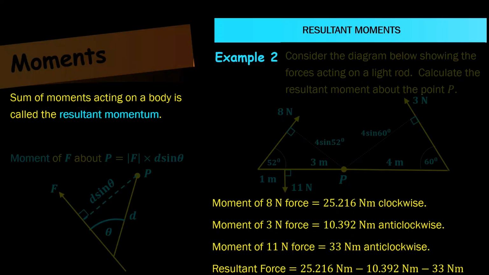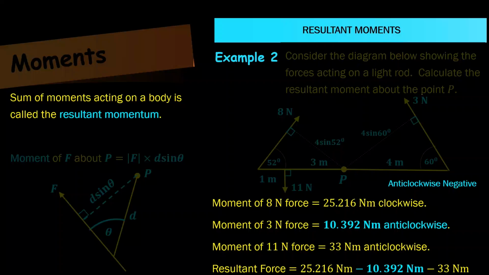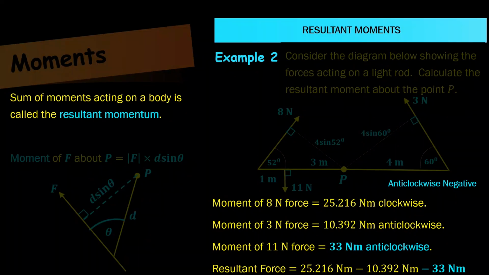Now let's calculate the resultant moment. Taking clockwise as being positive, we have that the resultant moment is equal to 25.216 Newton meters minus 10.392 Newton meters, because the 3 Newton force is acting anti-clockwise, minus 33 Newton meters, because the 11 Newton force is also acting anti-clockwise, and therefore it's also negative.